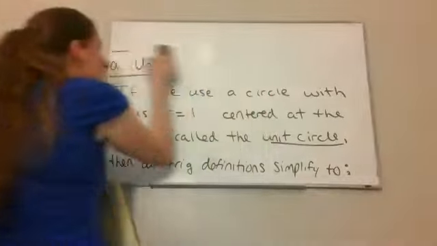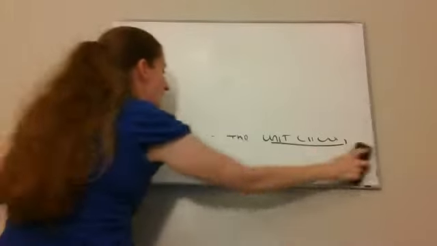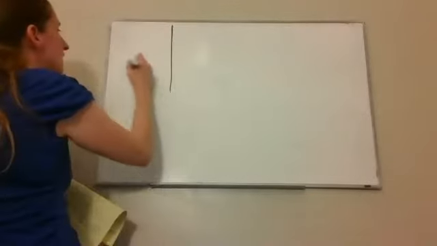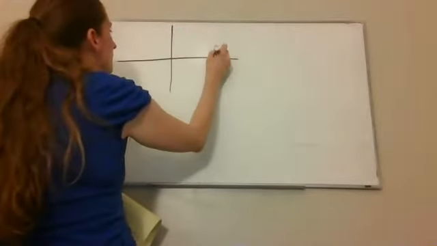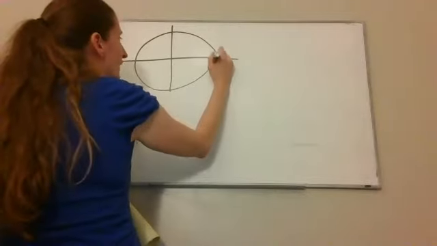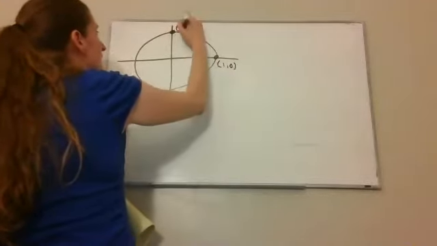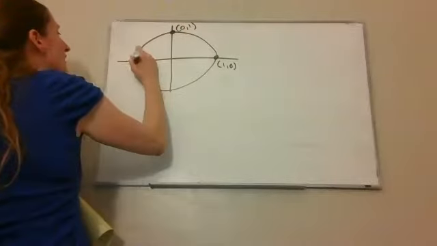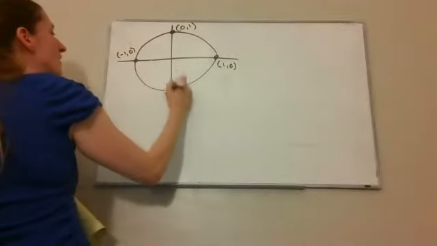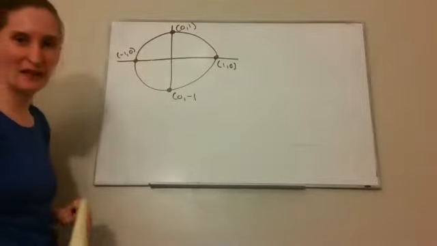So let me just draw what's going on, and then we'll write down our definitions. So there's a circle. It has radius 1. So this is (1, 0), (0, 1), (-1, 0), and (0, -1), and just pretend that's a perfect circle.